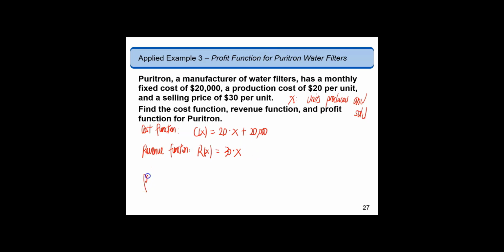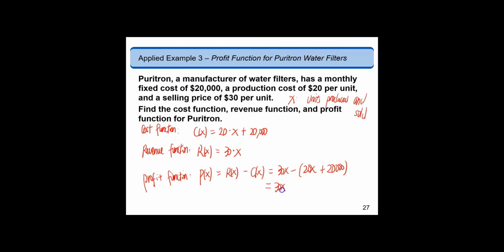And then the profit function. As mentioned earlier, profit function P of X equals revenue function minus cost function. That would be 30X minus parentheses 20X plus 20,000.